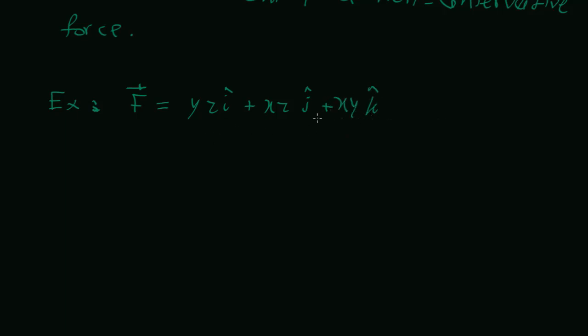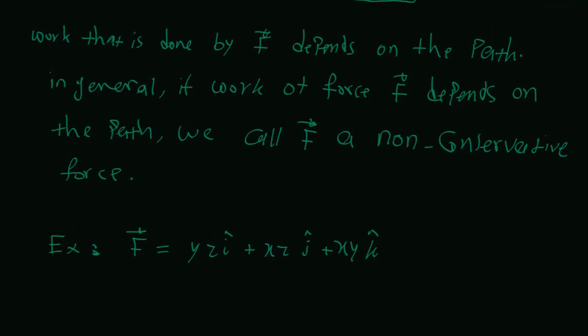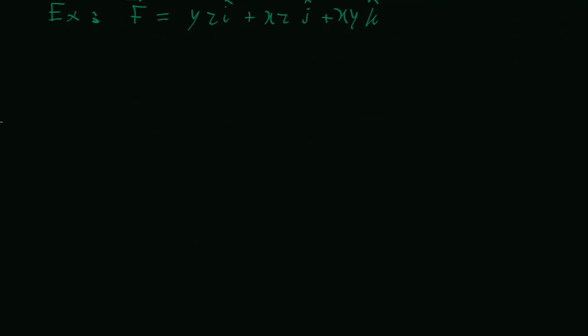Again, we want to calculate the work done by this force on the particle that moves along those three paths. Here the equation for the force is different. The first path is the same as we had over there.